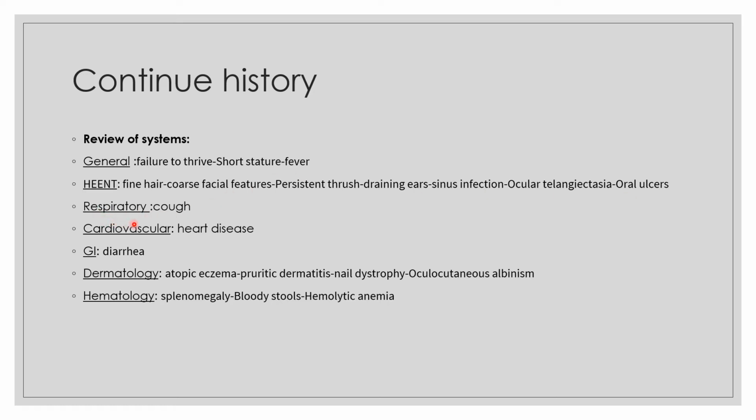Then we will move to the respiratory system, if there is any cough, heart disease, diarrhea, atopic eczema, pruritic dermatitis, nail dystrophy, oculocutaneous albinism, and splenomegaly, bloody stools, hemolytic anemia.